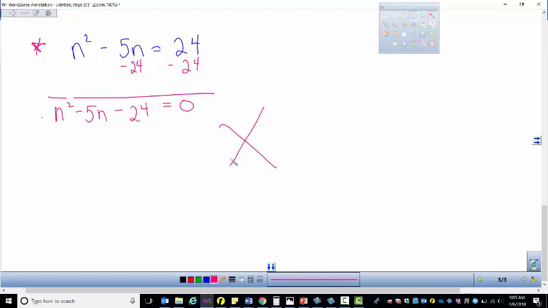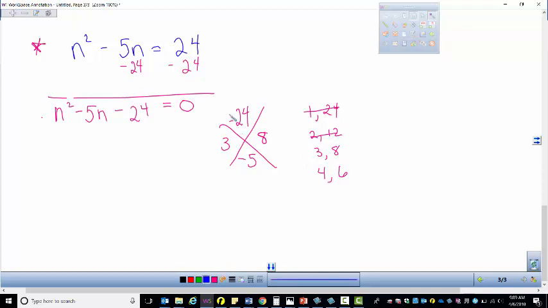Now I can factor because now I have it equal to 0. So negative 24 and negative 5. So I have 1 and 24, 2 and 12, 3 and 8, 4 and 6. So if I need negative 5, must be these. So 3 and 8.